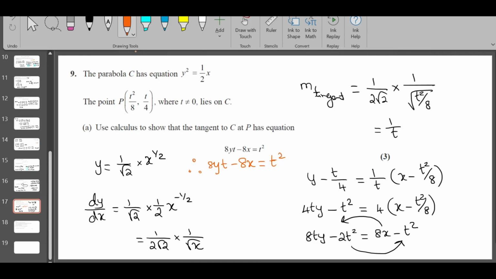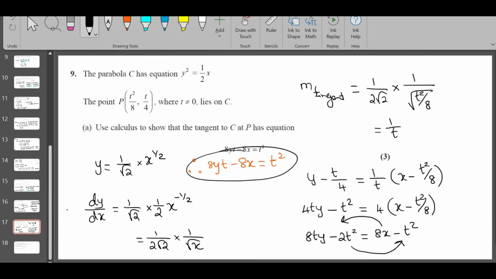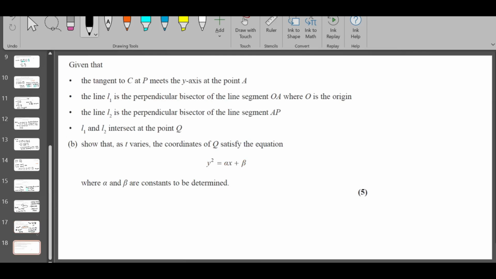It's a 3-mark question. Part B now. There is a lot of information, so let's read it carefully. Given that the tangent to C at P meets the y-axis, this is the equation of the tangent to C at P: 8yt minus 8x is equal to t square.